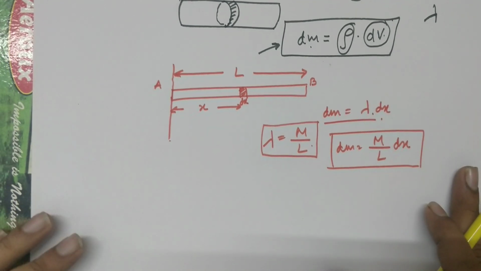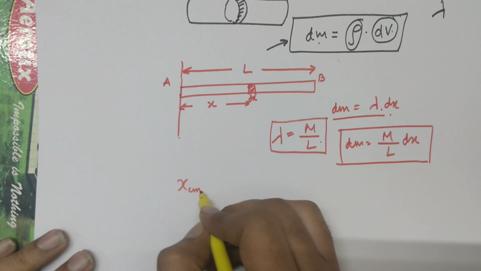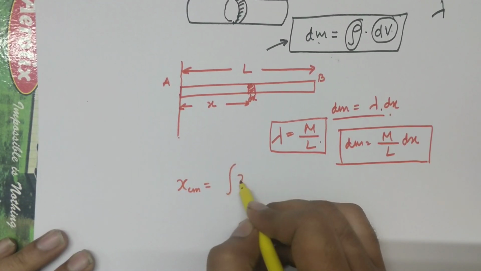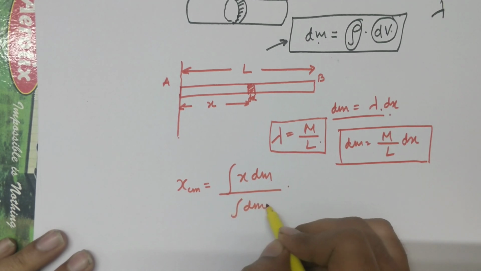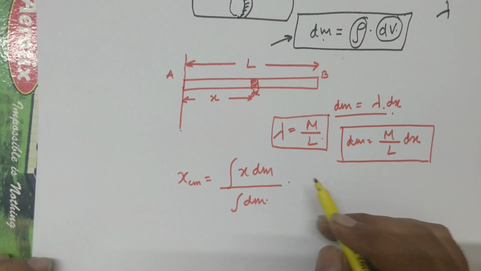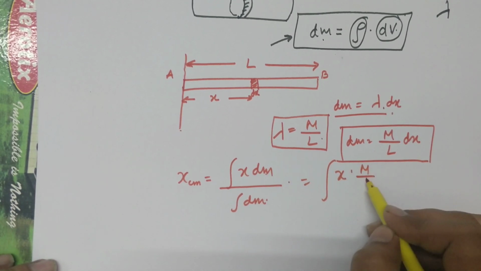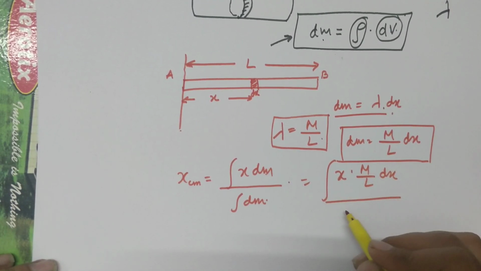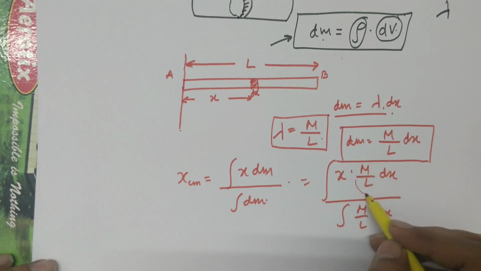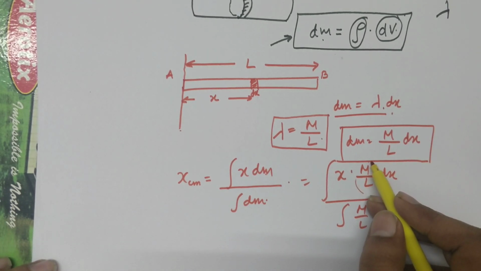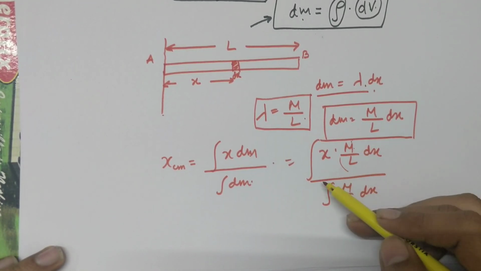Nothing else. Okay, so if you want to calculate the x coordinate of center of mass, that will be integration x dm upon integration dm. So put it here. What is dm? M upon L dx. M upon L is constant, so here M upon L will cancel out.